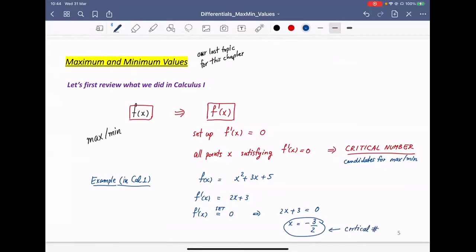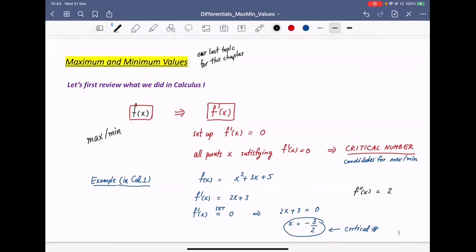Your critical number here is the candidate for max and min, x equal to negative 3 over 2. One thing we learn in Cal 1 is you can differentiate one more time. If you differentiate f one more time, you get f double prime x, which is 2, right?